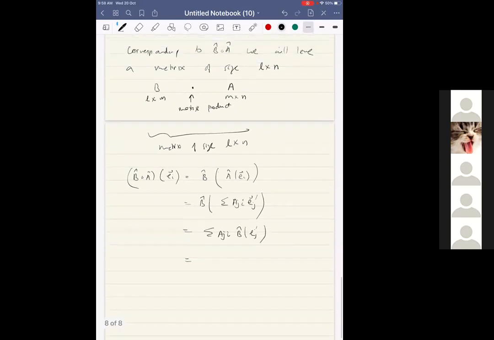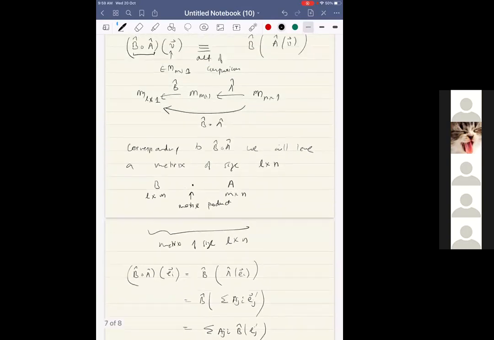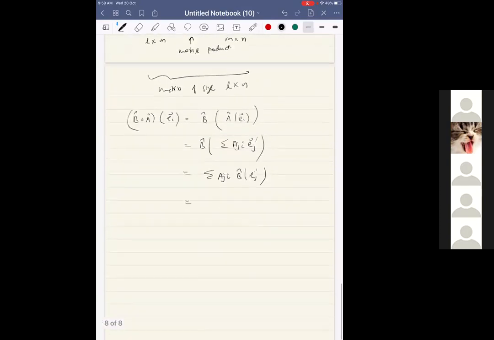Now I haven't chosen a basis for L cross 1 matrices, but we can choose them in the same way, except I have to find a way of distinguishing the three vector spaces. So I'll put a double prime on this.